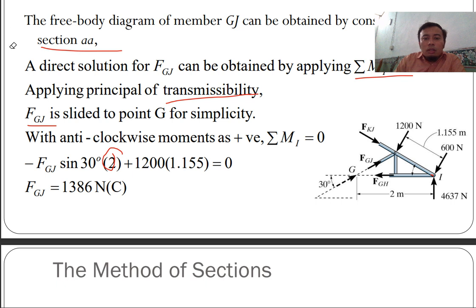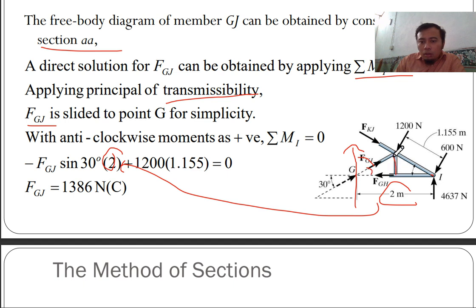You solve using sine theta. So your FGJ is here, sine theta. This is your FGJ after you resolve into a y component. So your moment arm is 2 meters. So sin theta is here. This is your theta, this is your opposite, and this is your hypotenuse.